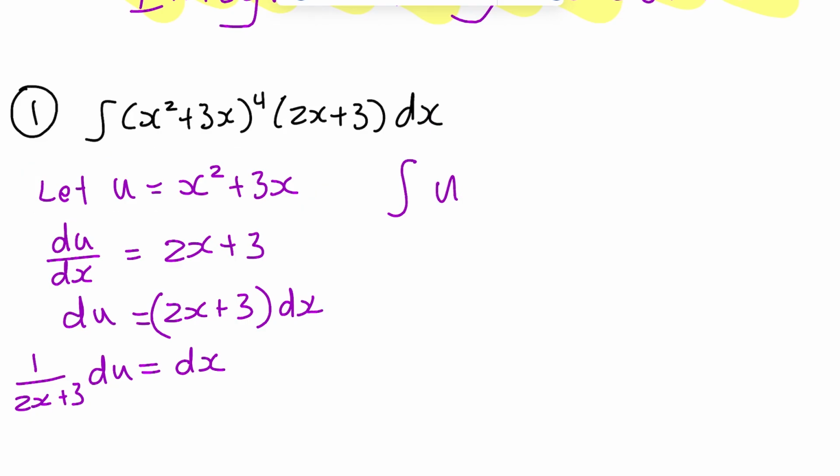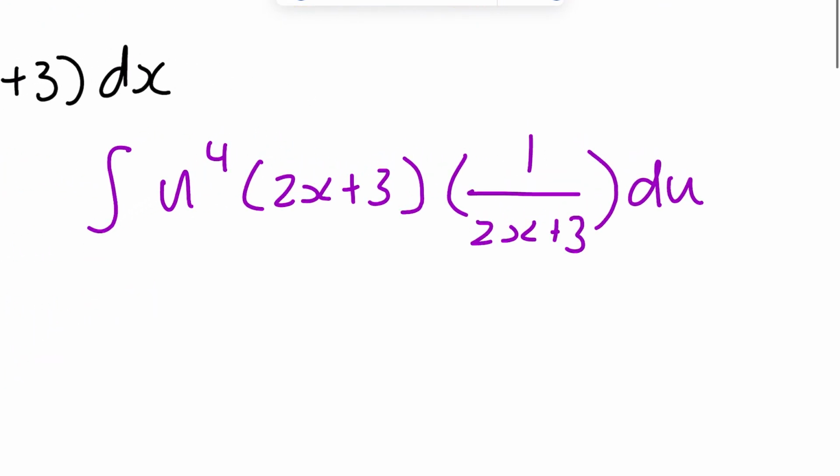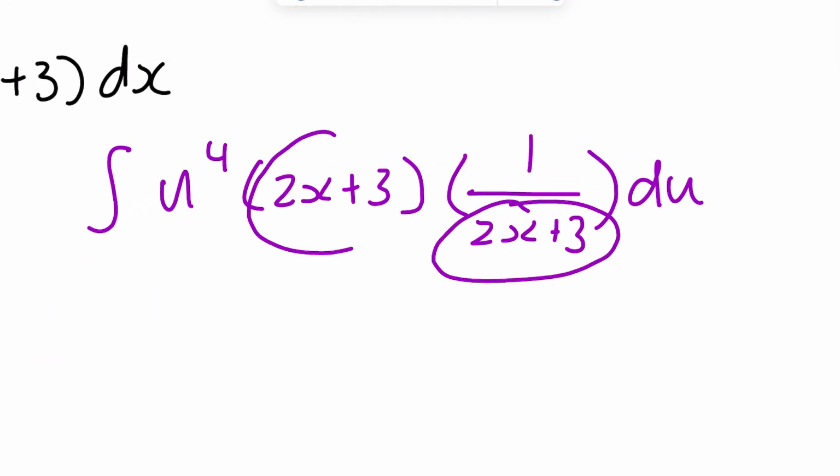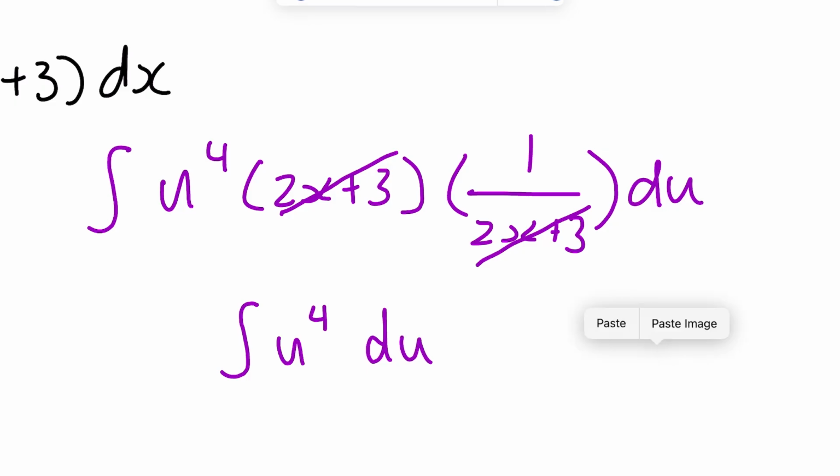So we have u to the power of 4 times 2x plus 3, multiplied by, instead of dx now, this entire thing: 1 over 2x plus 3 du. If you take a look here, you notice that we have 2x plus 3, and we can cancel that out. That leaves us with u to the power of 4 du. Wow, it's like magic, right?